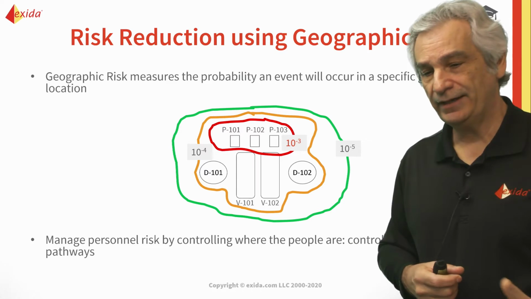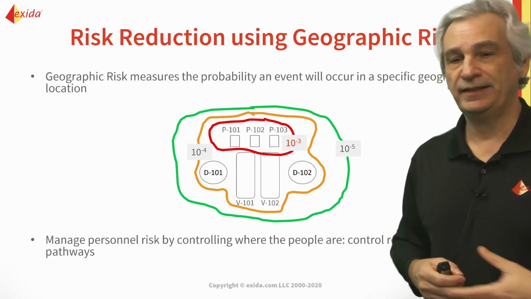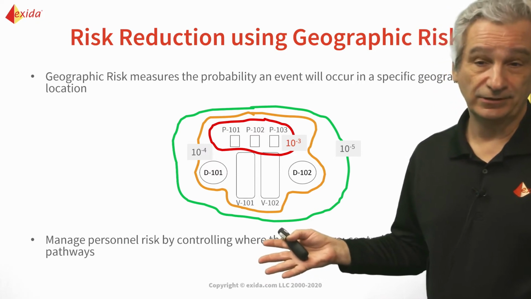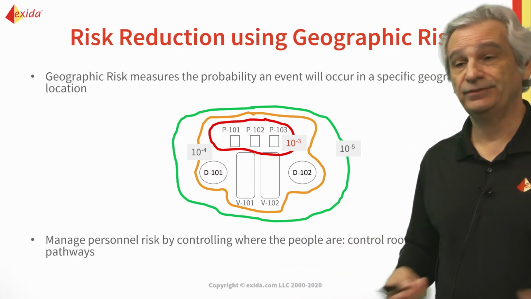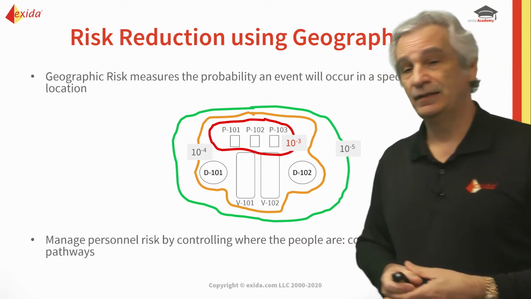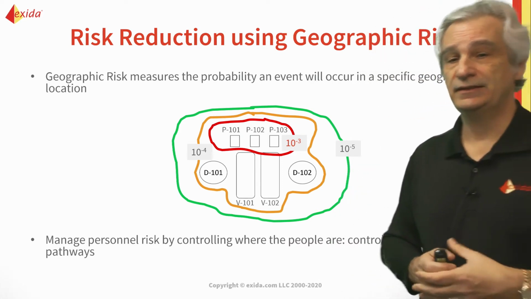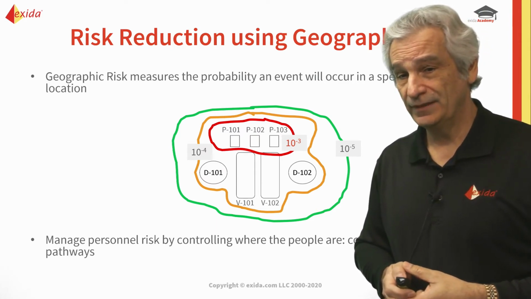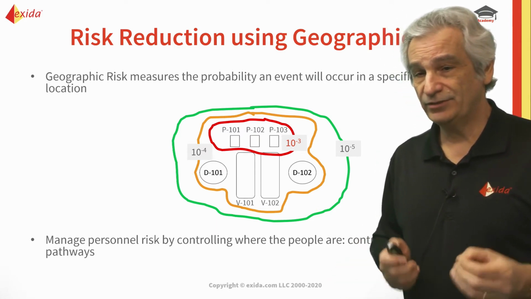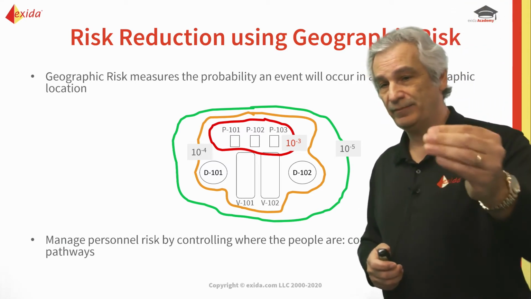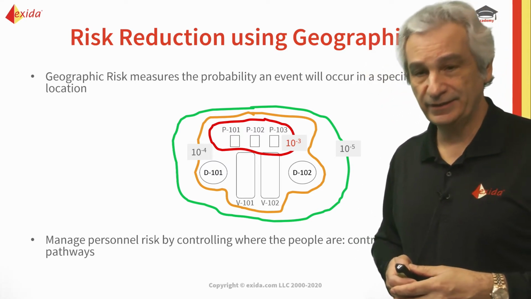So they can map out the safest place to position, for example, the office block, if that's where you have all your administrative people and your management, versus where the control room needs to be situated as well. So we can manage it by controlling where the people are relative to where the major hazards are likely to occur.